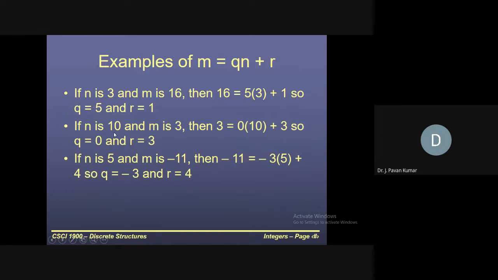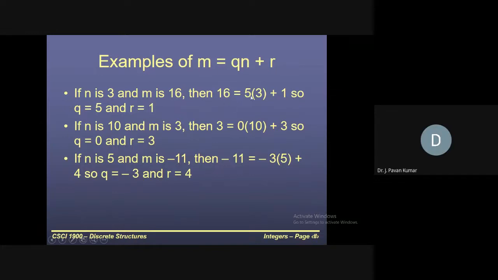If you consider the first one itself, n is 3, m is 16. How we can write it is 16 equals 5 into 3 plus 1. What is the value of r? Yes, the value of r is 1.